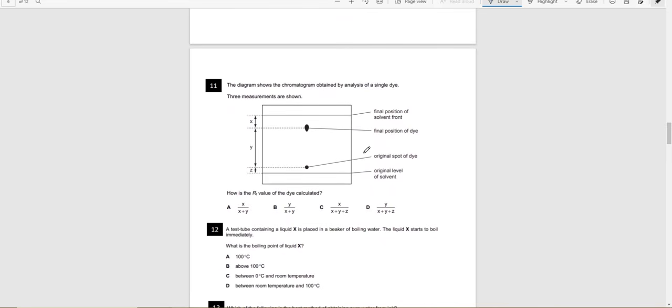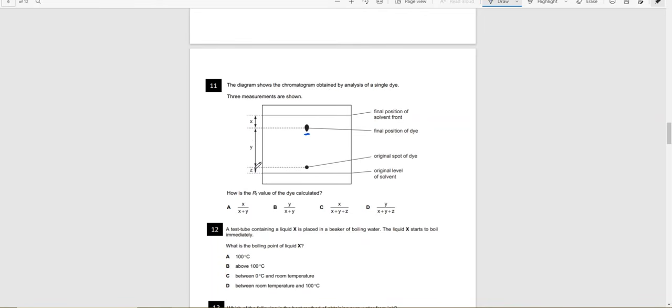Okay, we did this. How is the RF value of the dye calculated? This is the dye. So what would be the answer? Distance traveled by the solute over distance traveled by solvent.